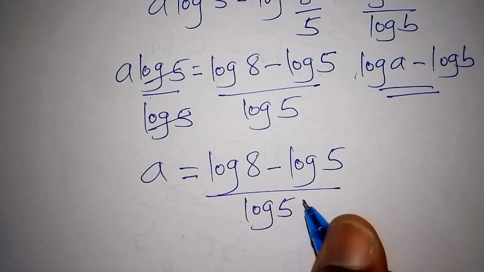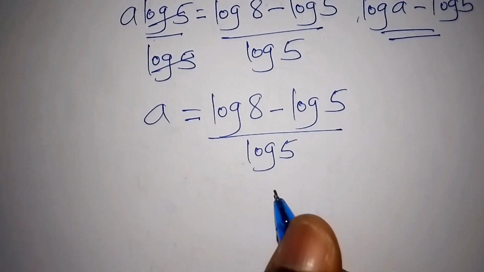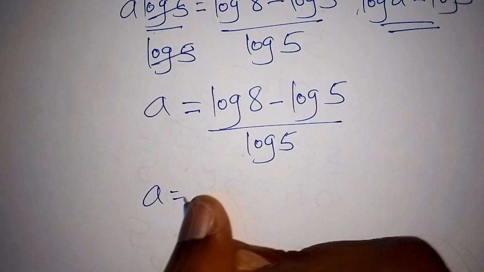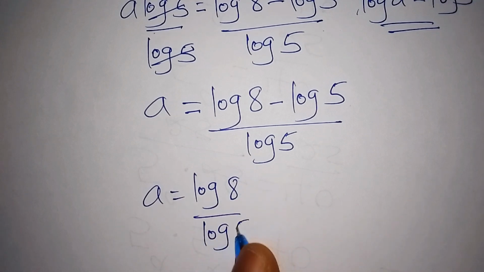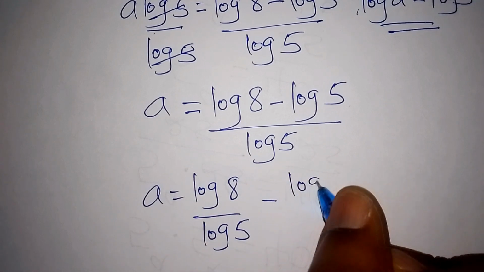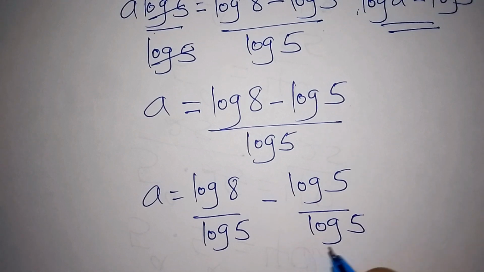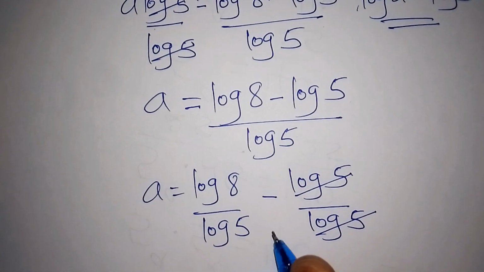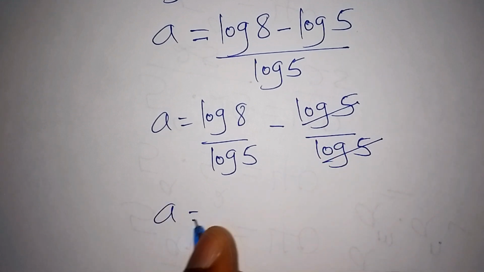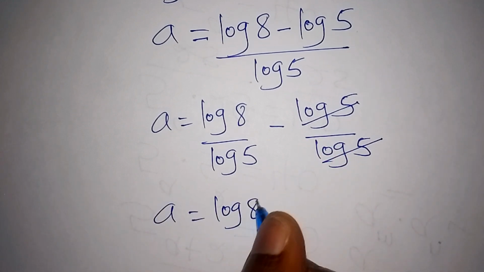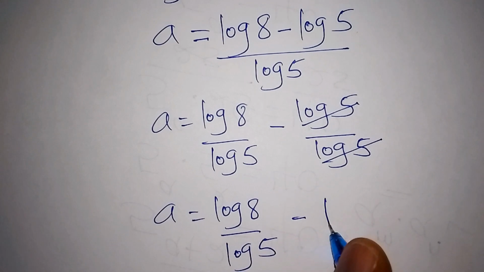Next we divide each term separately by the log of 5. So a is equal to the log of 8 over the log of 5, minus the log of 5 over the log of 5. Log 5 and log 5 cancel, so we remain with 1. So a is equal to the log of 8 over the log of 5, minus 1.